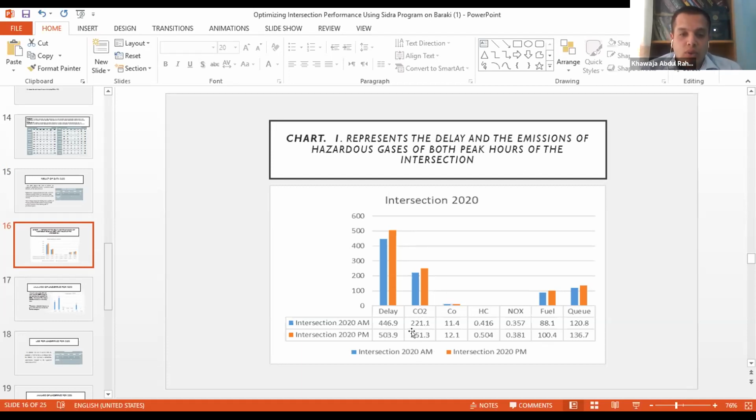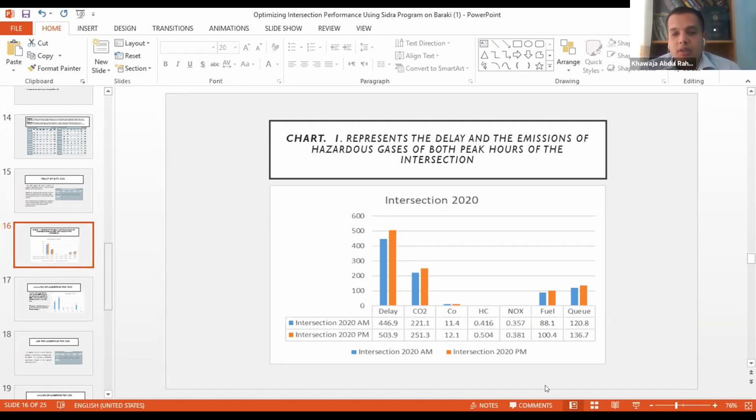About 221.1 kg of carbon dioxide can be produced, because while these cars are getting stuck in the intersection, they produce some hazardous gases, for example, carbon dioxide, carbon monoxide, hydrocarbons, and nitrogen oxide. These are all at an alarming rate.